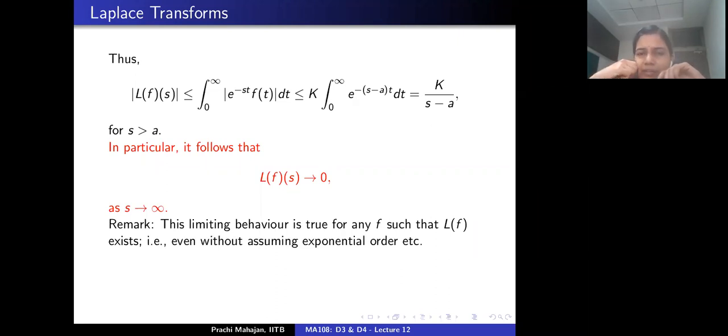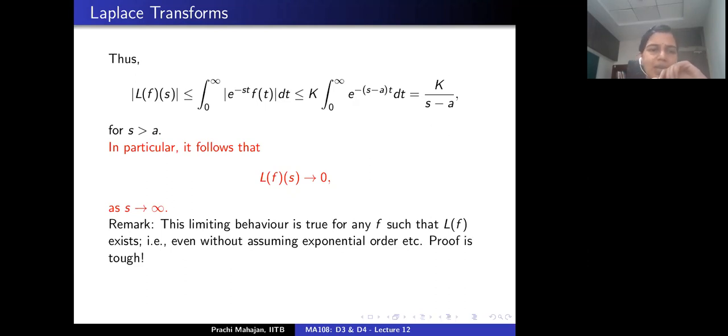This is true, in fact, for any function f for which the Laplace transform of f exists, even without assuming the exponential order. The proof is rather difficult, which we are going to skip. However, the statement of the theorem remains true: as long as the Laplace transform of the function little f exists, it follows the same limiting behavior as we have illustrated from this observation.